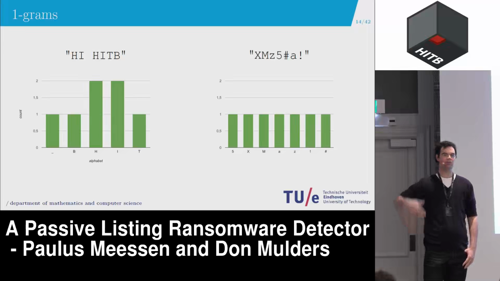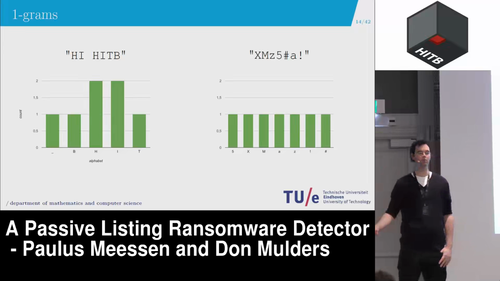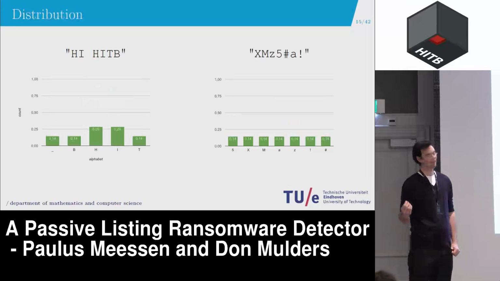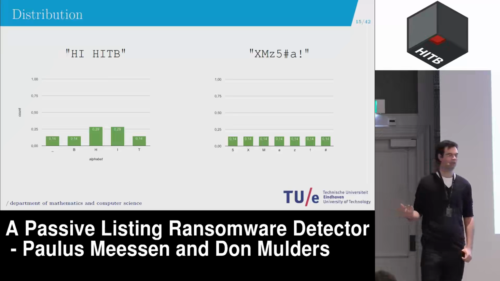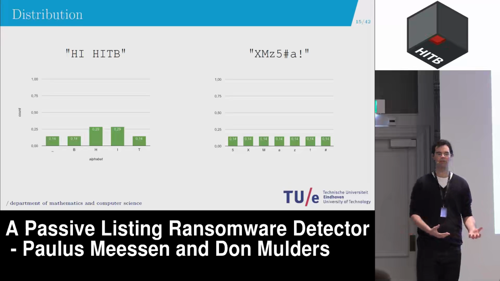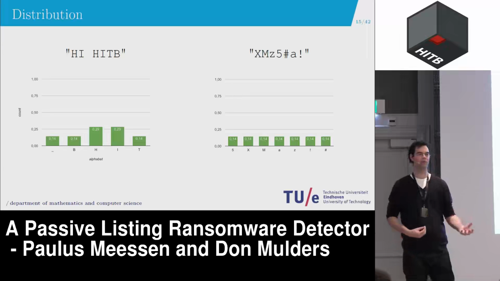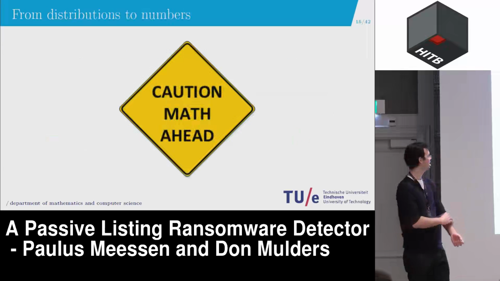What we can do with this, if you go to the next slide, is turn this into a distribution and actually express the probability of the occurrence of a certain character. And for encryption, it is important that a ciphertext is hard to predict, even if you have a plaintext, or if you have a key and no plaintext.